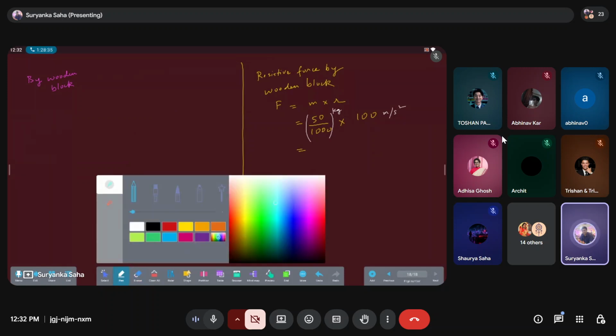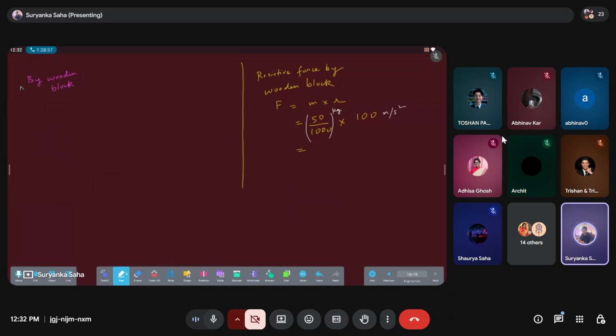Retardation by the wooden block, r equal to minus a. Acceleration is v minus u by t, but we don't have this t, right?